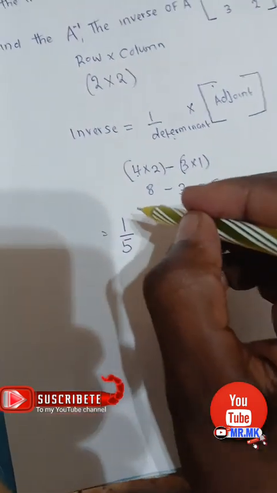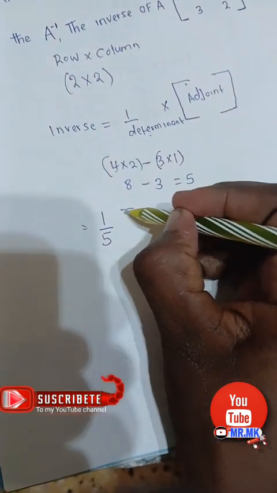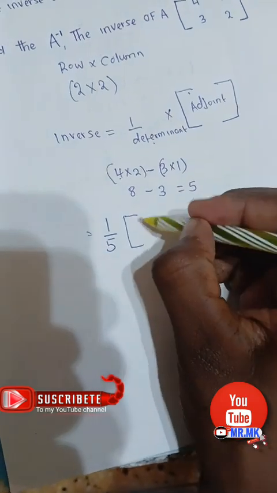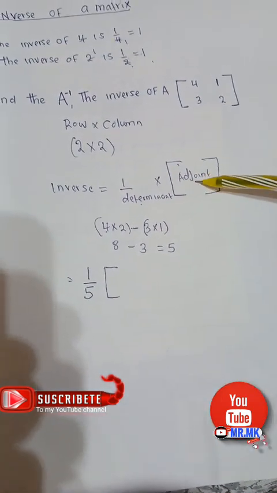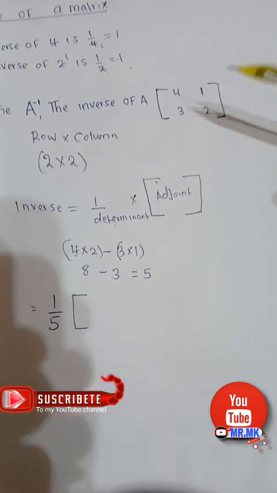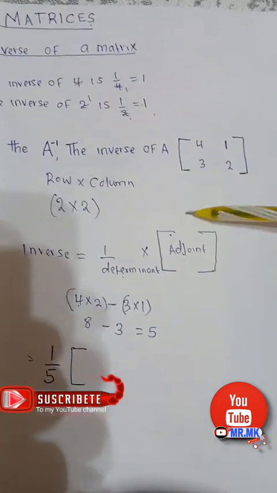For that, you have found the determinant. Now, what do you mean by adjoint? For example, you want to get the inverse of this matrix.